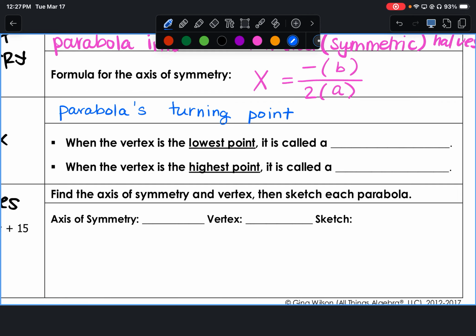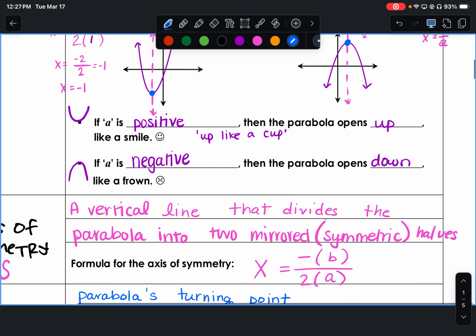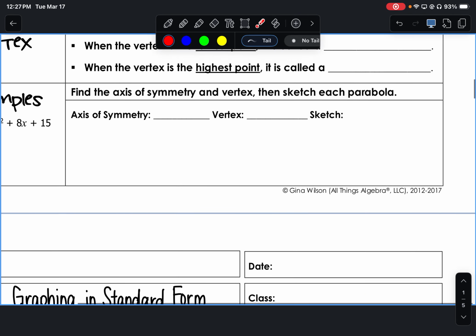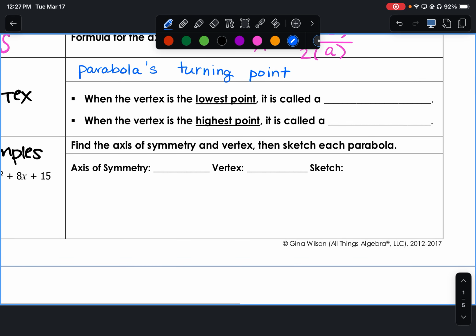Now, if the vertex is at the lowest point, so like this first thing here, okay, this parabola here is at the lowest point. It's at the valley of the parabola. That makes it a minimum, okay? So if it's at the lowest point, it is a minimum.